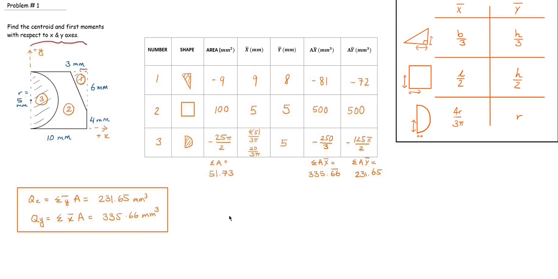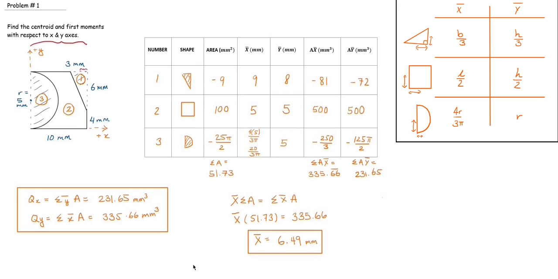The equation to solve for the x component of the centroid is equal to the first moment about the y-axis divided by the total area. So x bar is equal to approximately 6.49 millimeters.